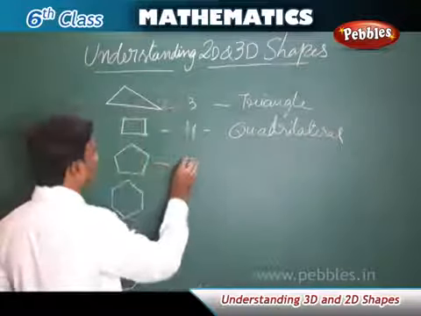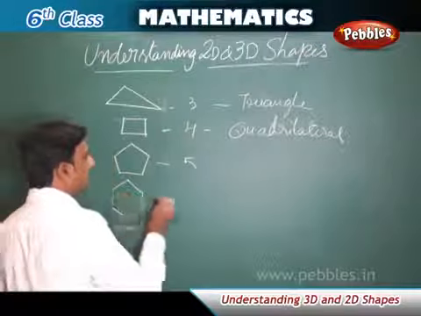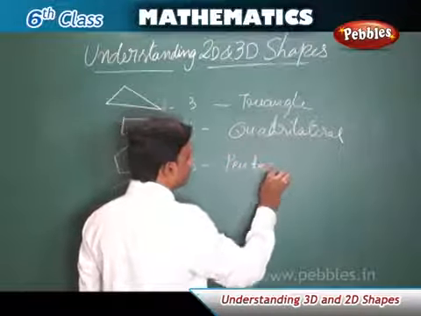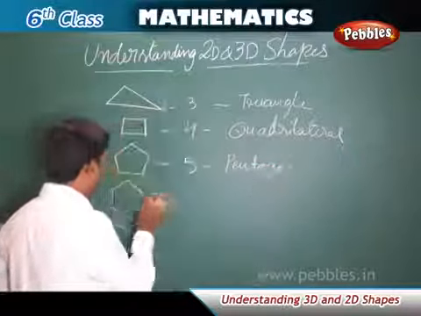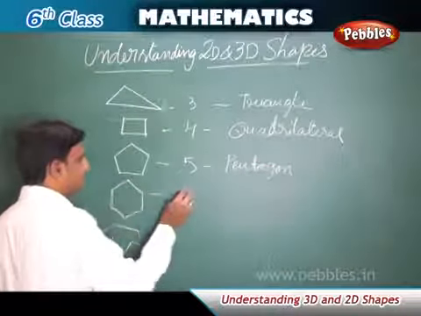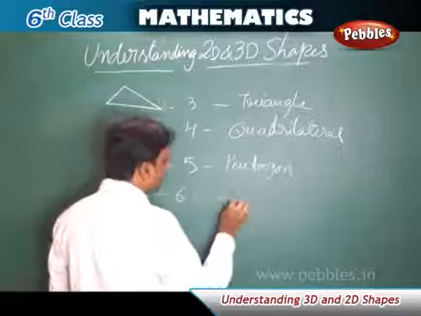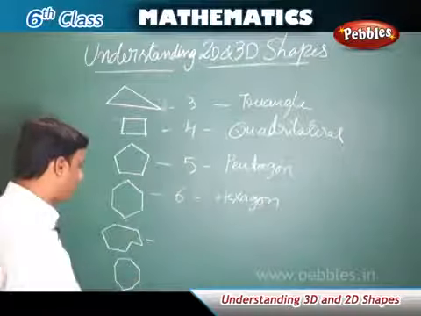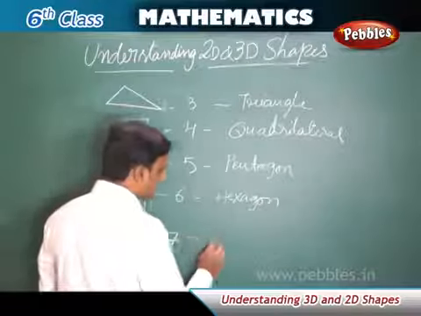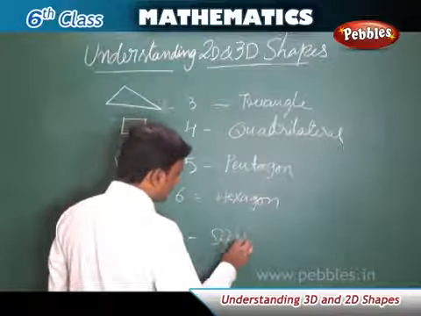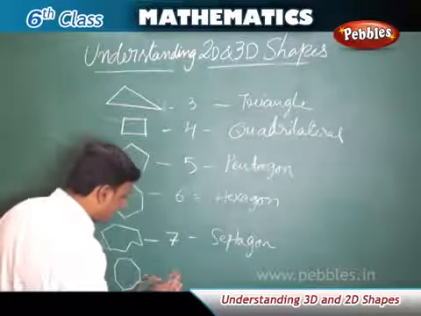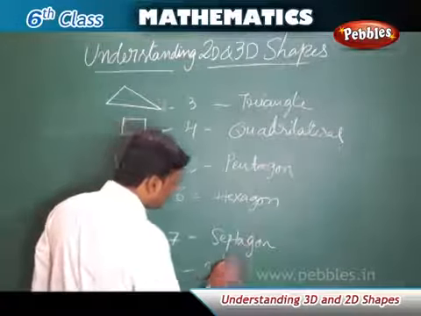This one has got 5 sides and this is called a pentagon. And this one has got 6 sides and it is called a hexagon. The polygon with 7 sides is called a septagon. And the polygon with 8 sides is called an octagon.